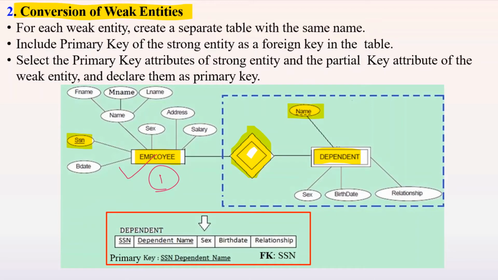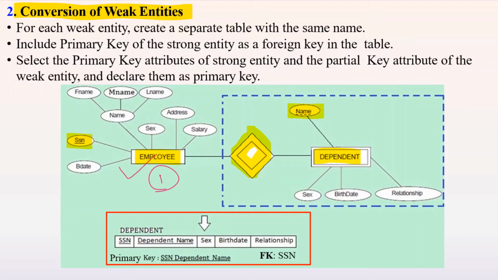For example, I am an employee and I have two dependents with different names. But their names may match with the dependents of any other employee. So for identification of each and every dependent uniquely, we need to merge every row with the corresponding SSN, the employee ID.